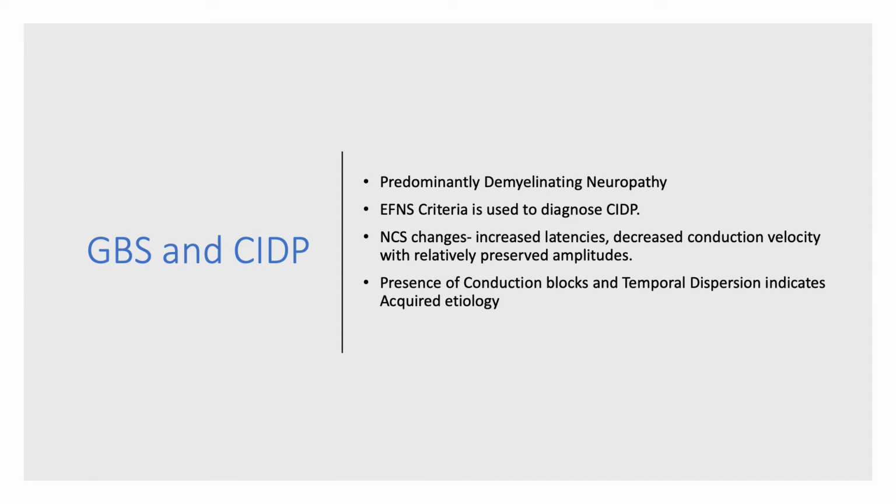As we mentioned earlier, that amplitude can be decreased if there is presence of conduction blocks and temporal dispersion. And in GBS and CIDP, we can see these presence of conduction blocks and temporal dispersion, which basically indicates that this demyelinating neuropathy is acquired in etiology.